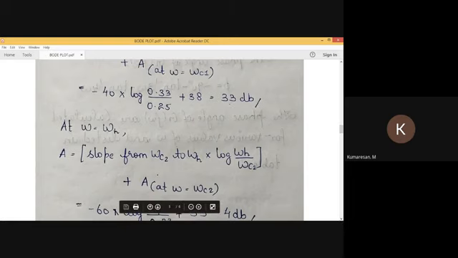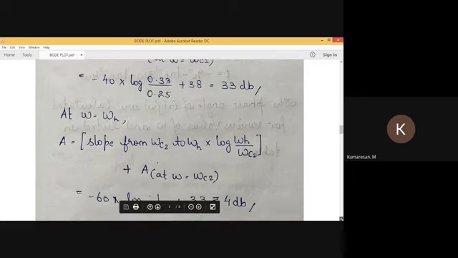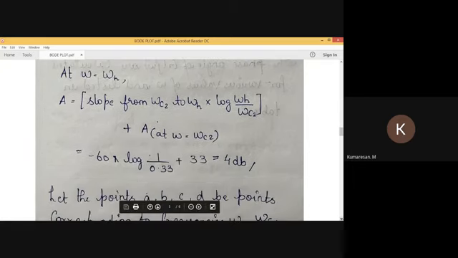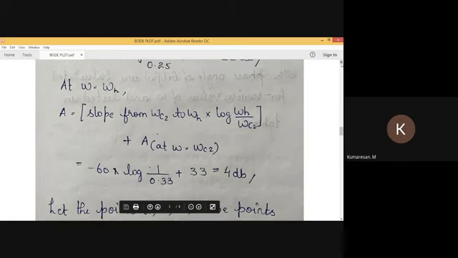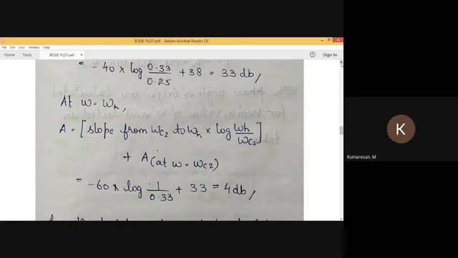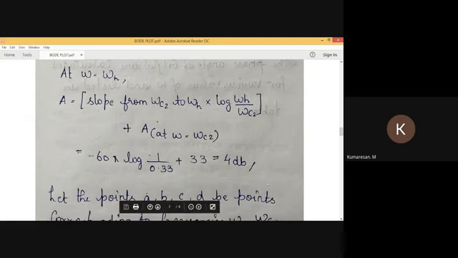Now we substitute the values: -60 times log of the higher frequency 1 divided by the second frequency 0.33, plus the previous value 33. Now we get 4 decibel.